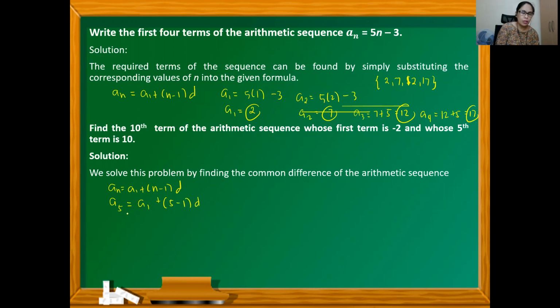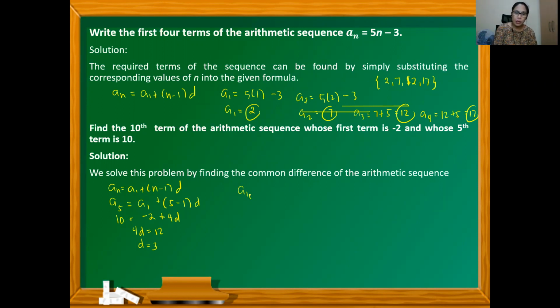And we know that the fifth term is 10, while the first term is -2. And then this is equal to 4d. Now we have 4d equals 12. So dividing both sides by 4, we have d equals 3. Now that we found d, we can solve for a sub 10.